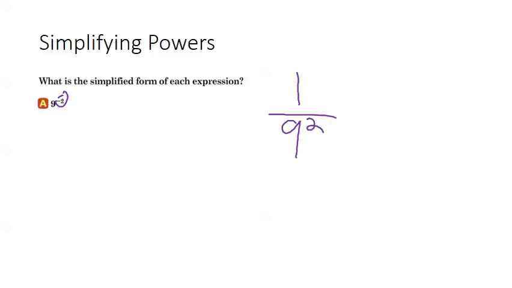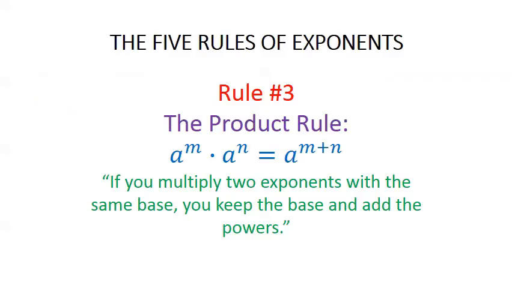Now, you need to go a little bit further because 9 squared is 81. So the answer is 1 over 81, or 1/81. But that's basically it. You move it to the bottom, or sometimes you move it if it's on the bottom already. You're going to move it.